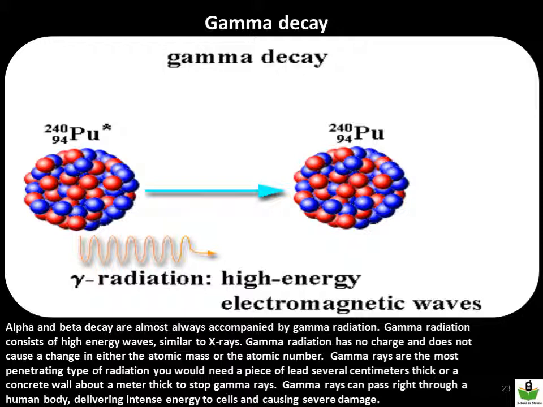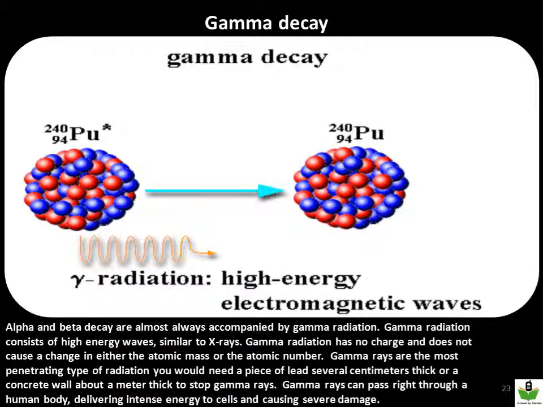Alpha and beta decay are almost always accompanied by gamma radiation. Gamma radiation consists of high-energy waves, similar to X-rays. Gamma radiation has no charge, and does not cause a change in either the atomic mass or the atomic number.